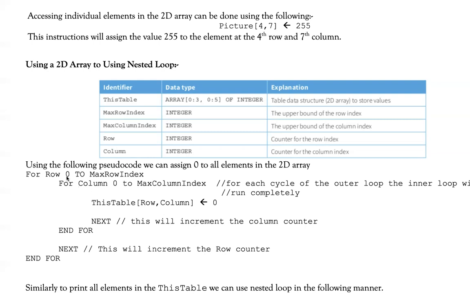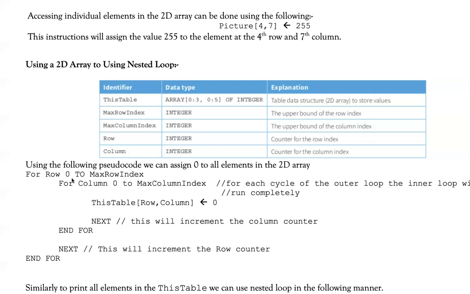So it will look something like this: row 0, column 0, row 0, column 1, row 0, column 2, row 0, column 3, and so on and so forth. When I've reached the max limit, say the max limit is 8, my last access position will be 0, 8. After which the inner loop is finished, and the outer loop is incremented. Now I have the row value 1. So 1, 0, 1, 1, 1, 2, 1, 3, 1, 4, 1, 5, 1, 6, 1, 7, 1, 8. The inner loop runs all over again with a new row value.